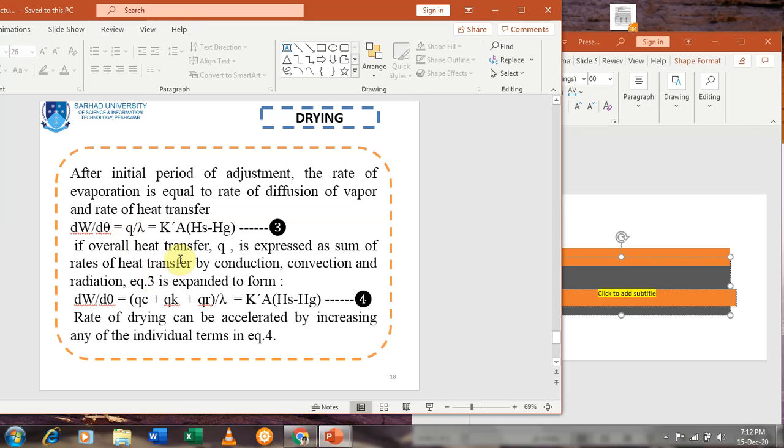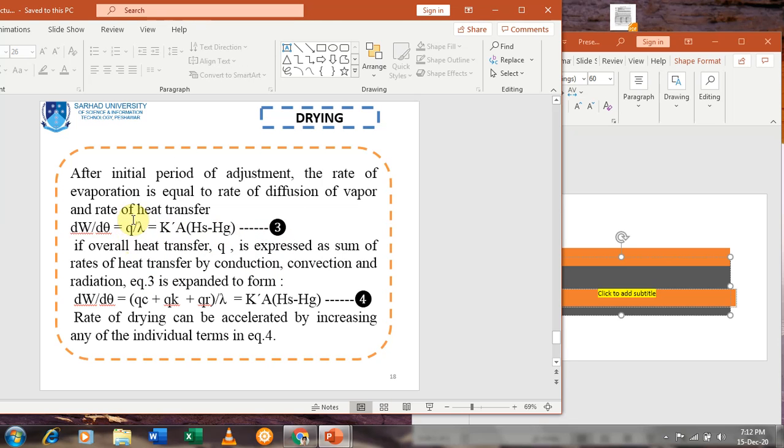If the overall heat transfer, Q, is expressed as the sum of the rates of heat transfer by conduction, convection and radiation, as we have discussed the different methods of heat transfer, we can conclude from equation 3.